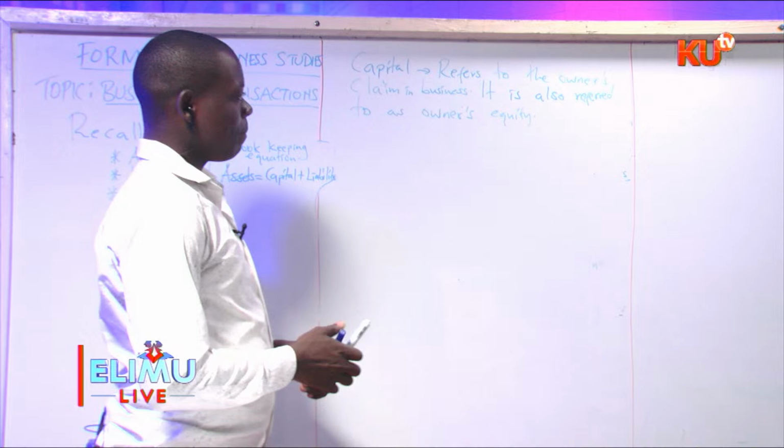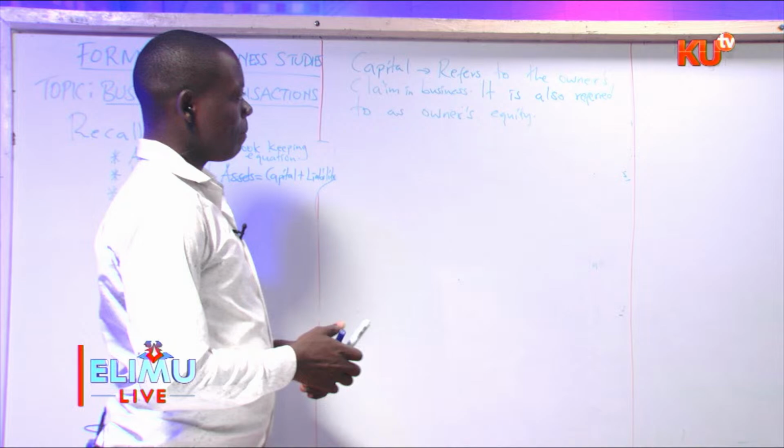In our last discussion, students, I want us to take a short review of the effects of changes in either capital or liabilities based on the transactions and how they affect a balance sheet. What is a balance sheet, students?